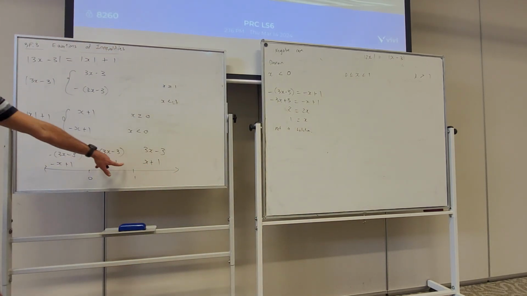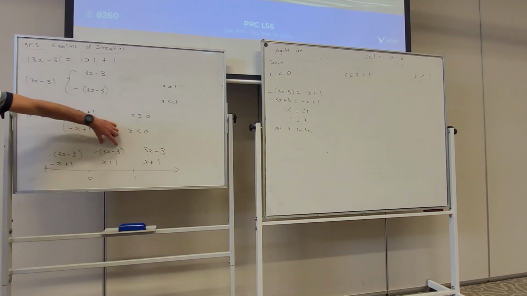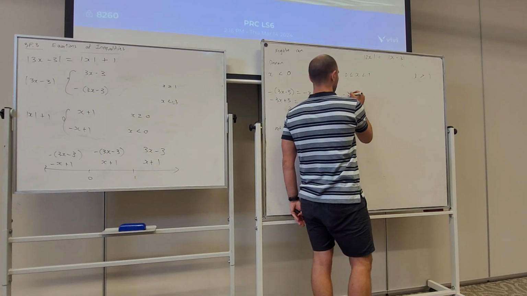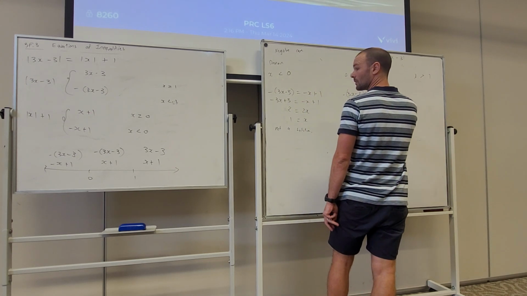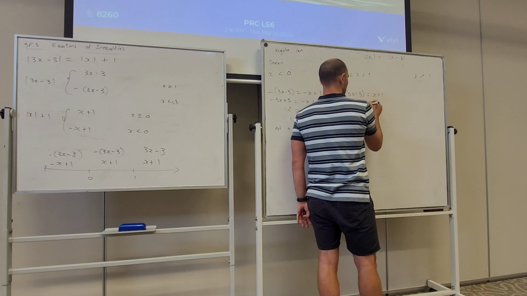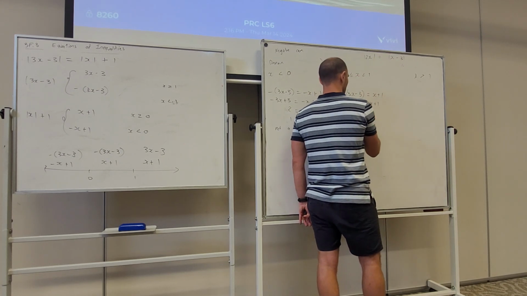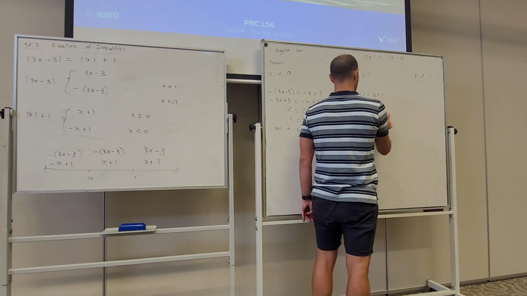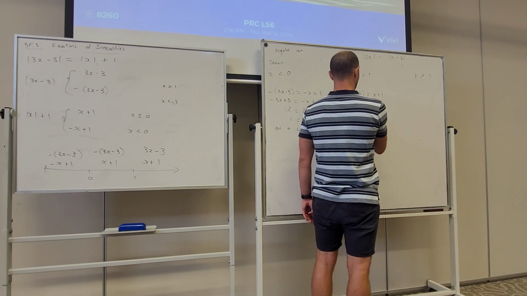All right, when we look between 0 and 1, these are the functions we're using, right? Minus 3x take 3 equals x plus 1. So again, plus 3x to both sides, and take 1 to both sides.